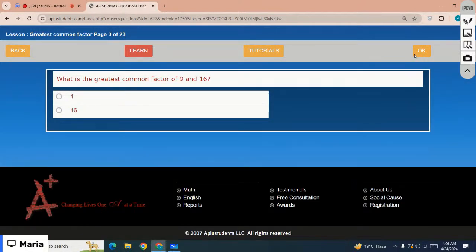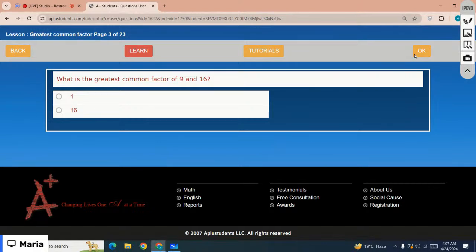What is the greatest common factor of 9 and 16? Which is the correct option? The correct option is 1.